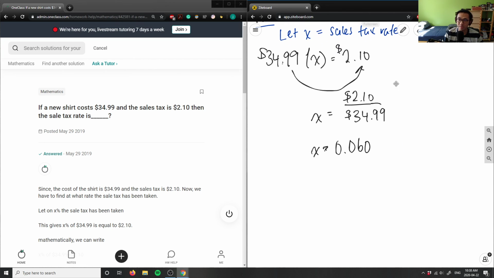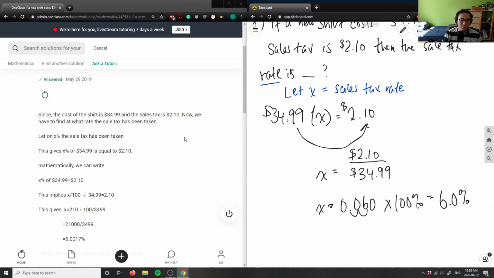A tax rate is in percentage, so I can multiply this decimal by 100%. I move the decimal two places, which means the sales tax rate is 6.0%. So this here is my final solution for this problem, 6.0%.